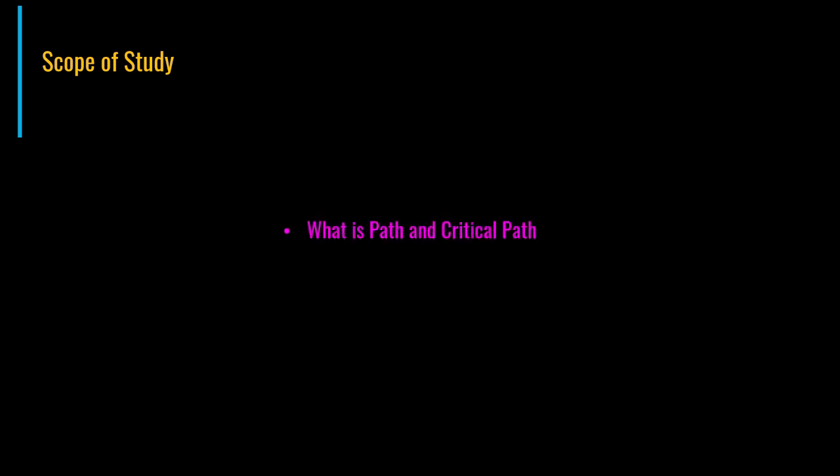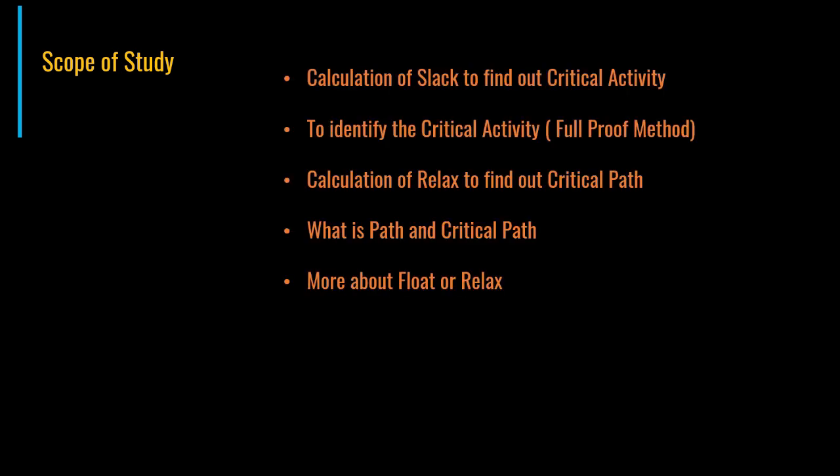Next, we'll try to calculate the float to find out the critical path. We'll also enhance the idea of what is a path and critical path, and we'll try to know more about float or slack. Okay, so this is the overall study we're going to do today in this session.